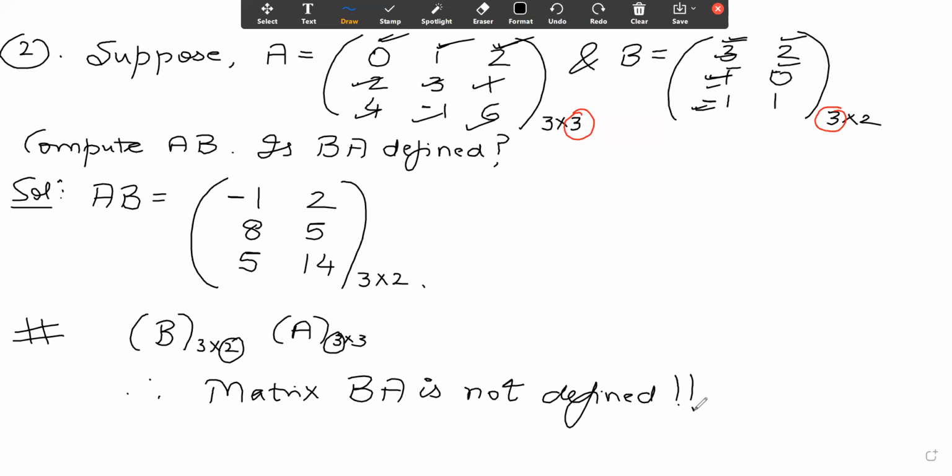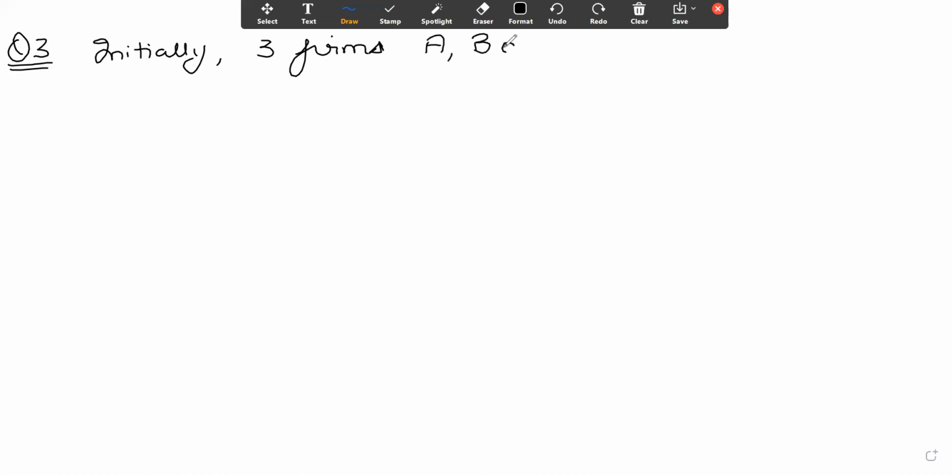Okay. And now guys, let's quickly look at another question. Question 3. So initially, three firms A, B, and C share the market.